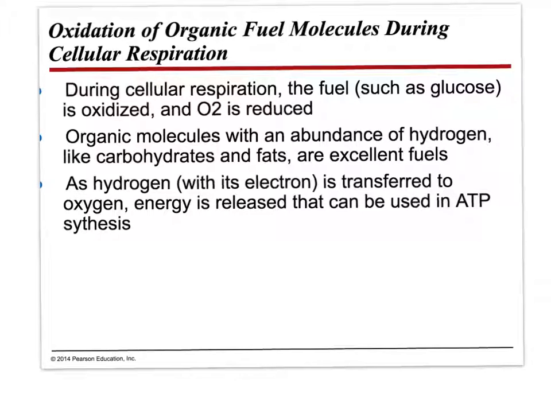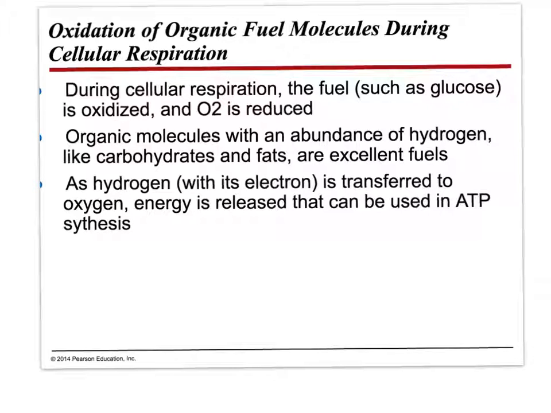There are multiple steps along the way. And along the way, those electrons are going to be moved from glucose eventually to oxygen. As that happens, it's like a waterfall or a staircase. Every step you go down, you lose a little bit of energy.